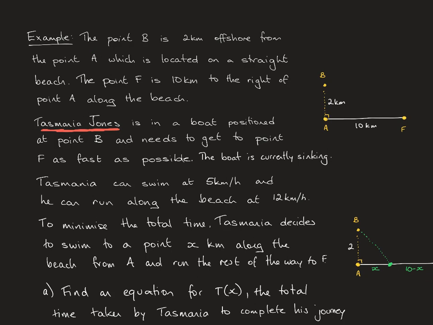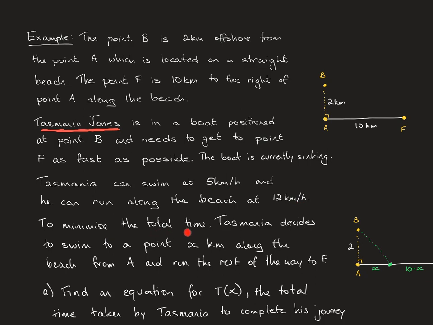The point B is 2 kilometres offshore from the point A, which is located on a straight beach. The point F is 10 kilometres to the right of point A along the beach. Tasmania Jones is in a boat positioned at point B and needs to get to point F as fast as possible. The boat is currently sinking. Tasmania Jones can swim at 5 kilometres per hour and he can run along the beach at 12 kilometres per hour.